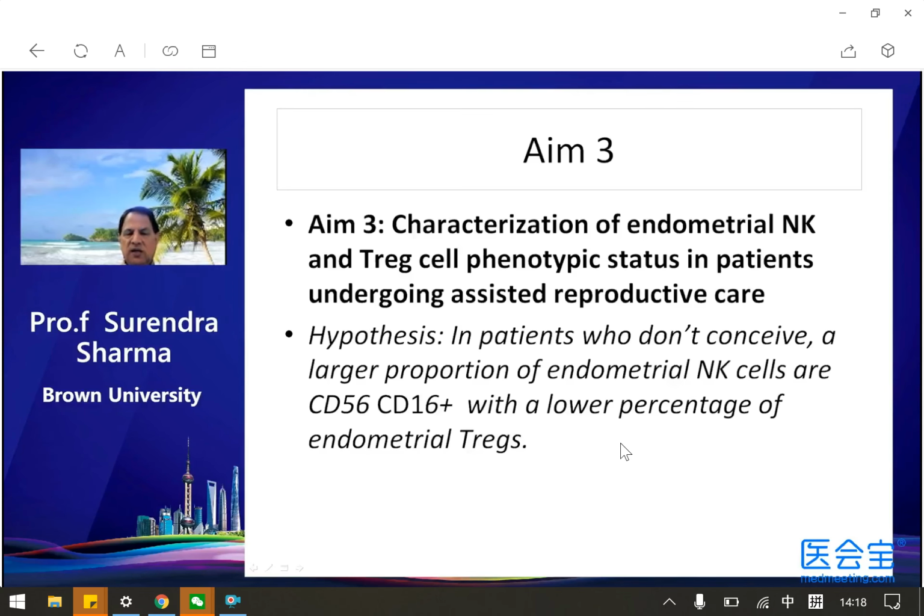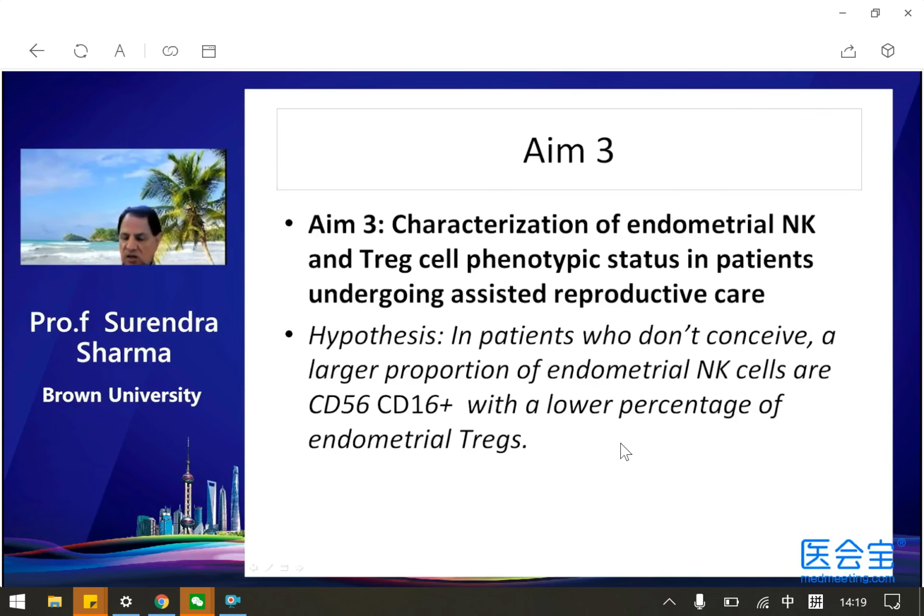Then, in Aim 3, we focused on characterization of endometrial NK cells and regulatory T cells in patients undergoing assisted reproductive care. Our hypothesis was that in patients who do not conceive, a larger proportion of endometrial NK cells are CD56 dim, CD16 positive, with a lower percentage of endometrial Tregs.